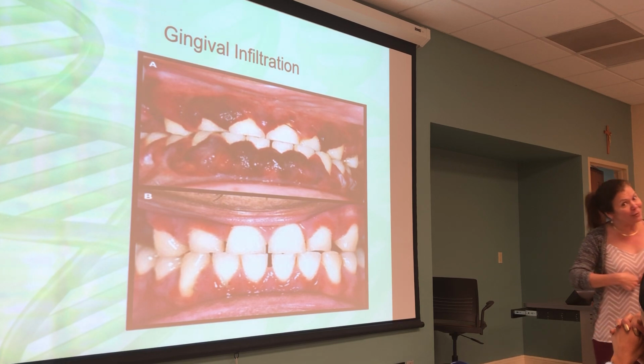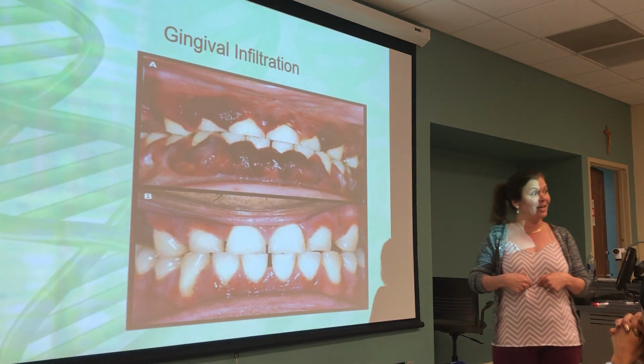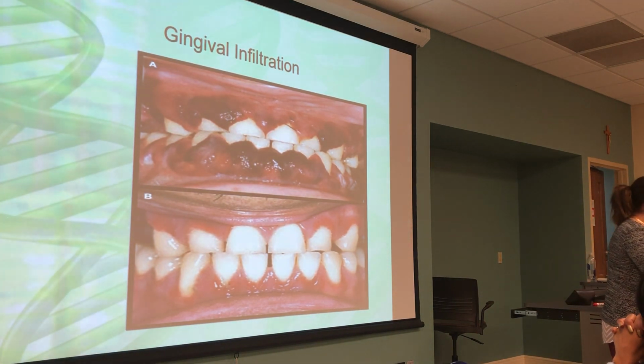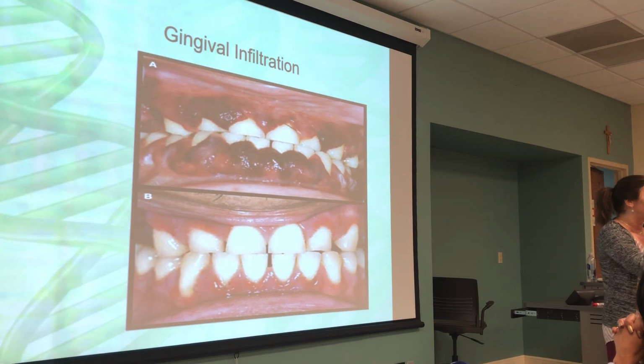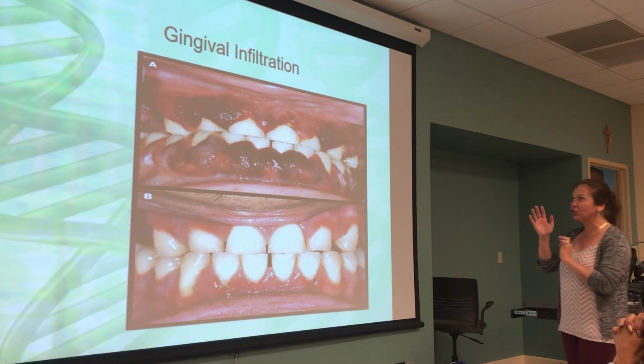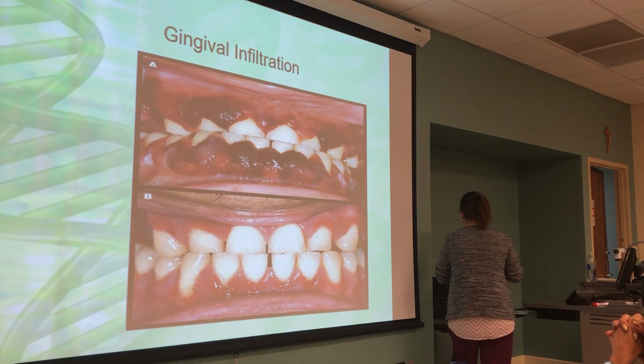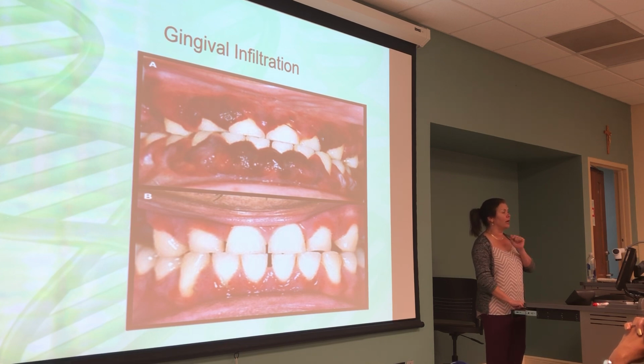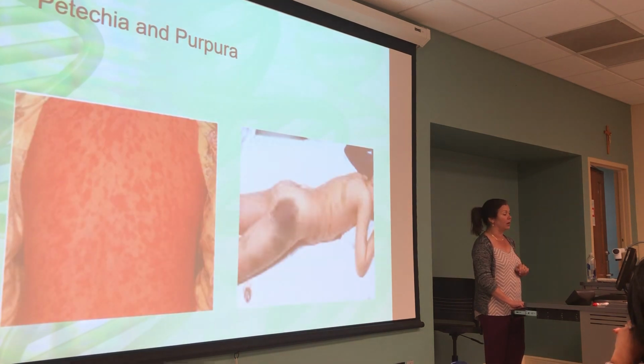Your Peyer's patches of the intestines are too. So the gingiva becomes hypertrophic, not only easily bleeds, but becomes swollen. That's called gingival hyperplasia due to infiltration of immature cells at that level. So it's very, very common that they come in with gingival bleeding through brushing, or epistaxis through the nose, or mouth bleeding. Petechiae, purpura, remember these are non-blanchable lesions.